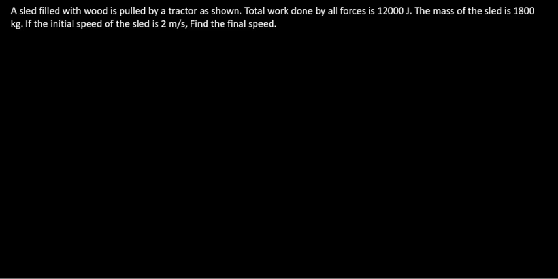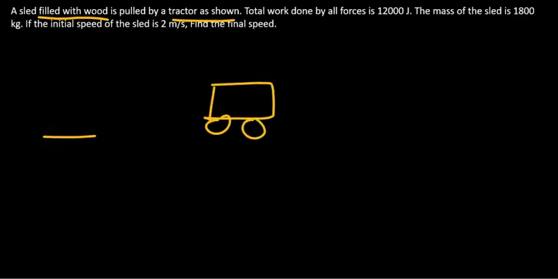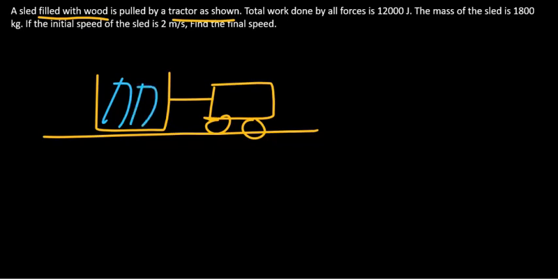Now let's look at some problems associated with these concepts. Problem 1. A sled filled with wood is pulled by a tractor as shown. So you have a tractor pulling a sled, and inside you have wood.